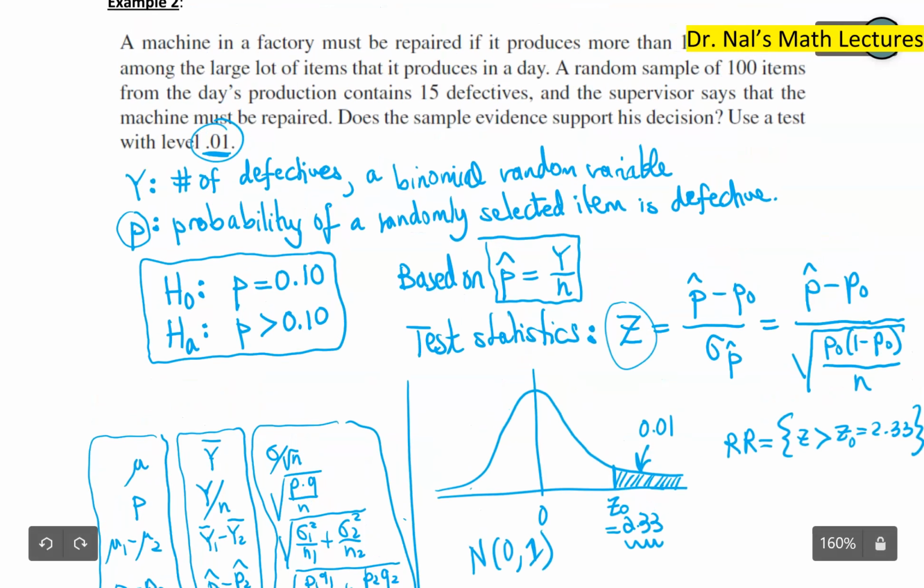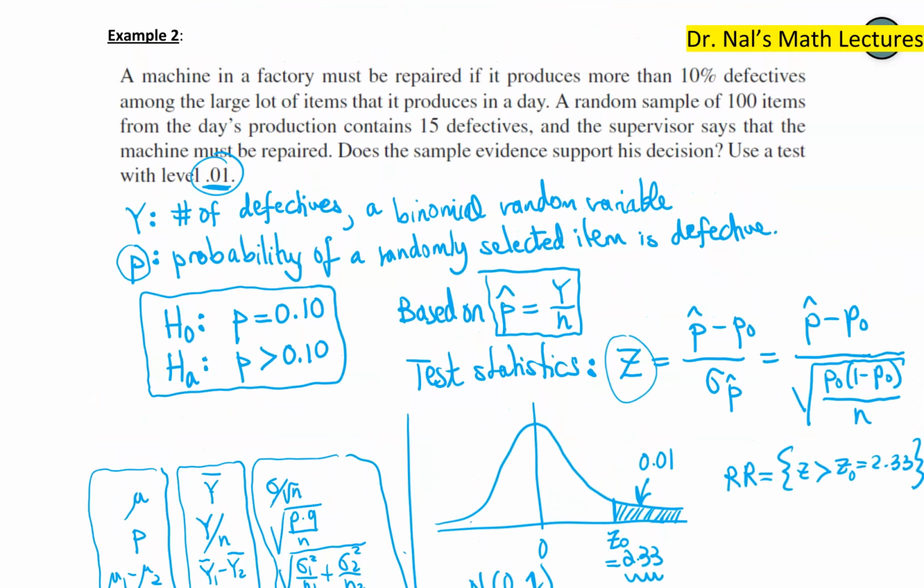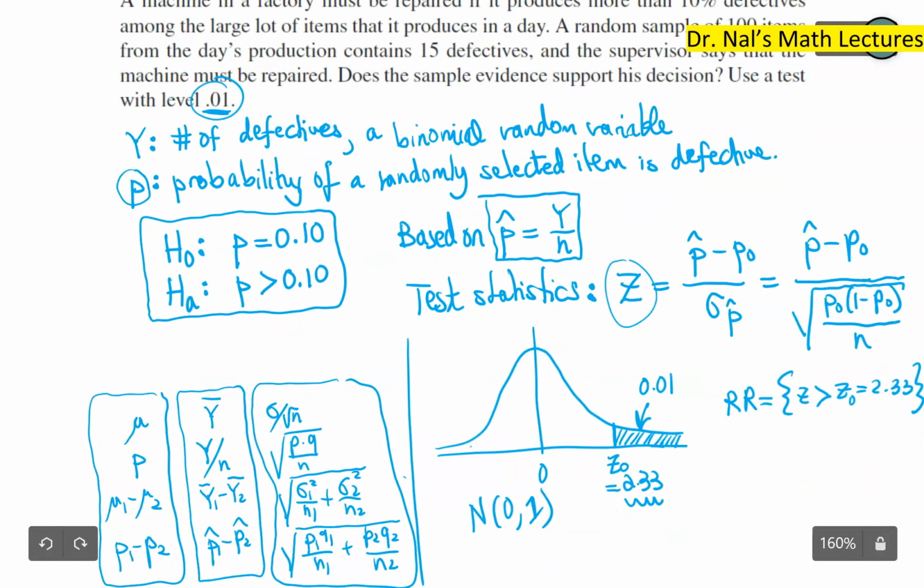Otherwise, we fail to reject the null hypothesis. Does that mean that if we fail to reject, the supervisor's claim is wrong? No, not yet. For that, we need to go one step further and check the beta as well, but I'm not going to do that. All I want is, do we have enough evidence to support his decision? Let's see if that's the case.